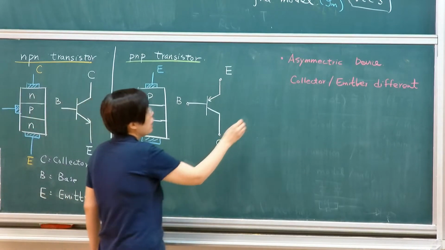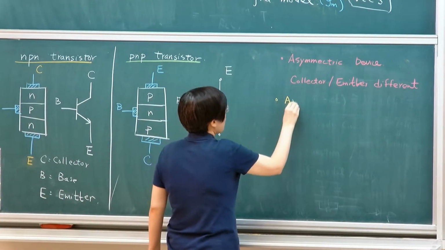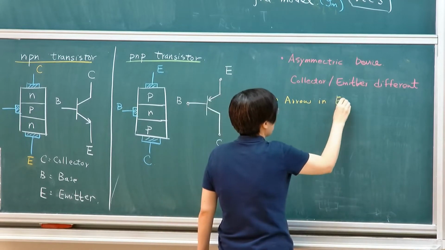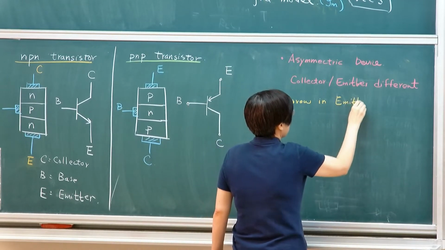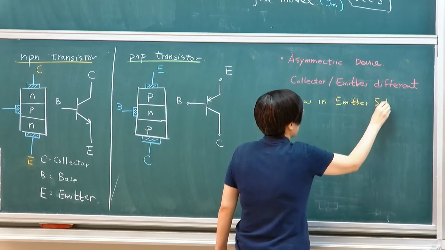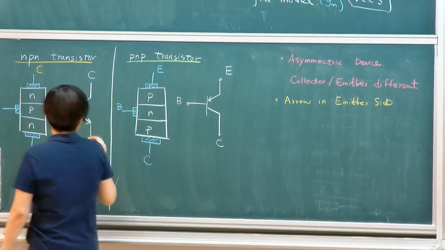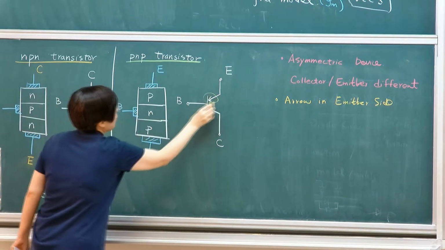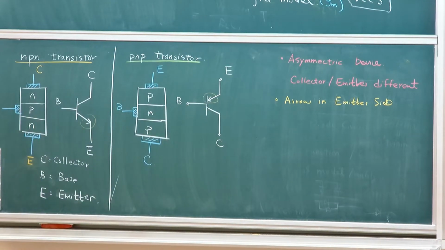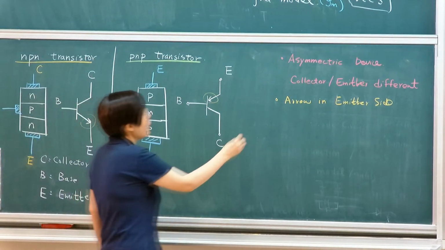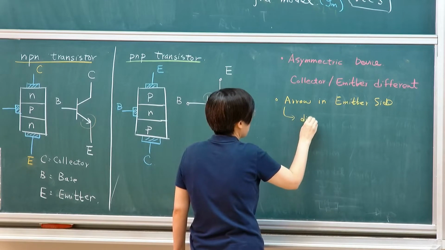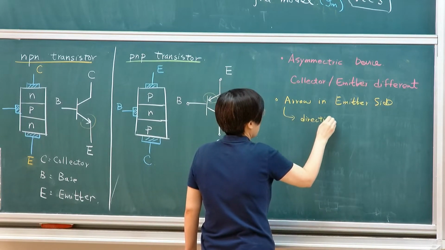Secondly, the arrow on the emitter side. Remember, if you look at the symbol, the arrow is always at the emitter side, whether it's going out or going in, and the second thing is that it indicates the direction of current flow.